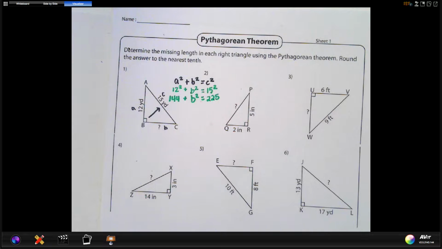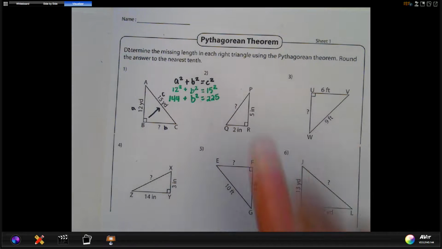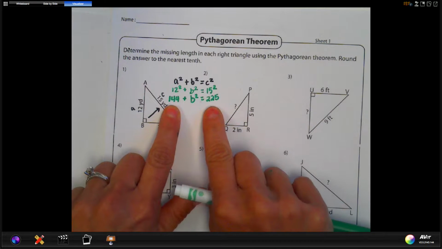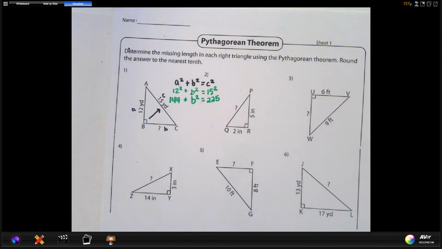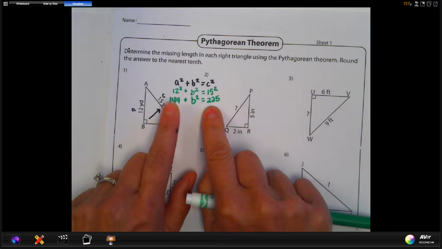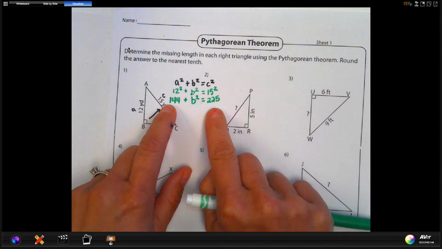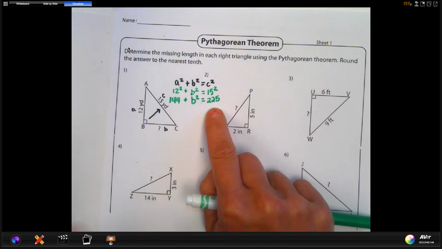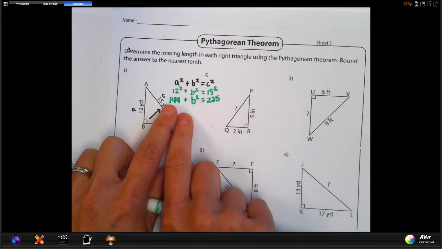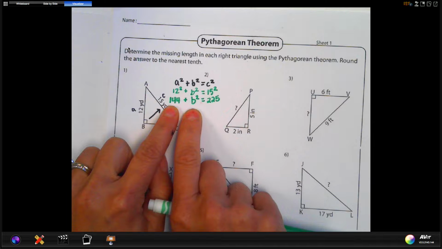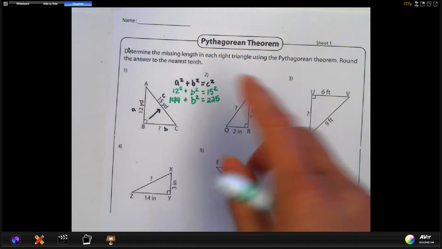Now, in this case, when we get to this step, we're either going to add these two numbers or we're going to subtract them, depending on what we've got. If they are on opposite sides of the equal sign, meaning one's on the left side of the equal sign and one's on the right, we have to subtract because we have to cancel out. If they were both on the same side, we would add because then they're on the same side.